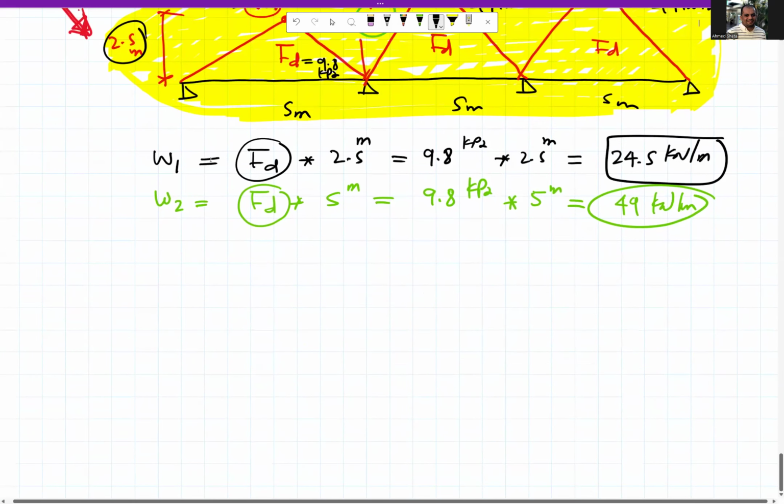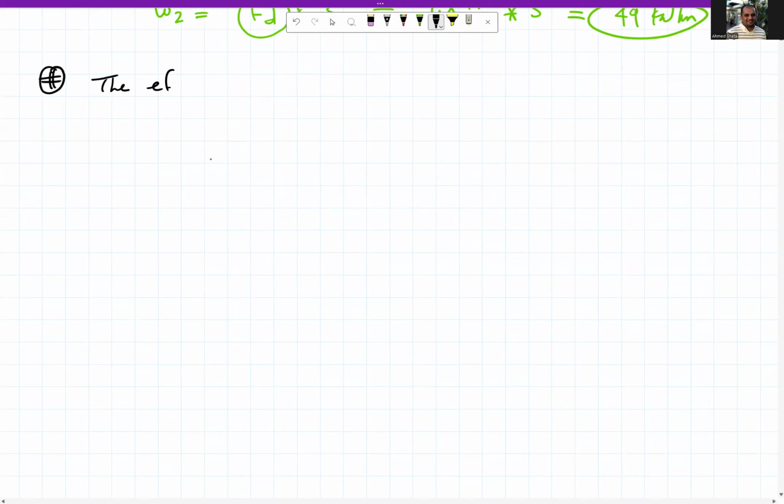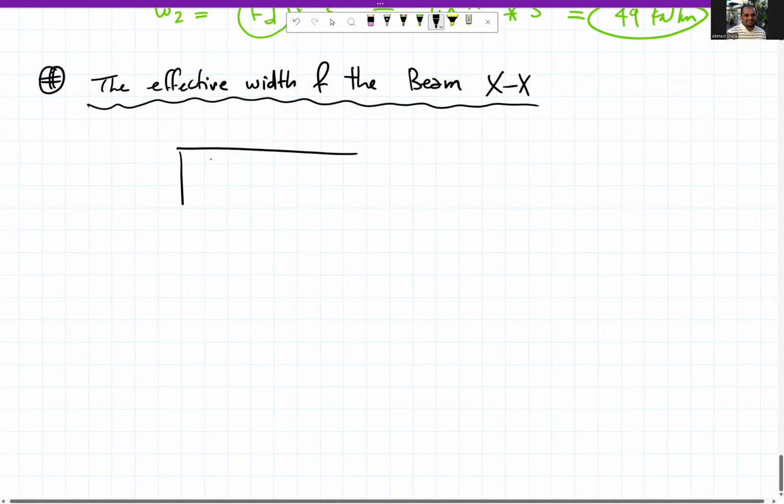Okay, the third requirement is how to find the effective width of the beam on XX. The effective width means how much will be taken from the slab with us. So this is B effective.